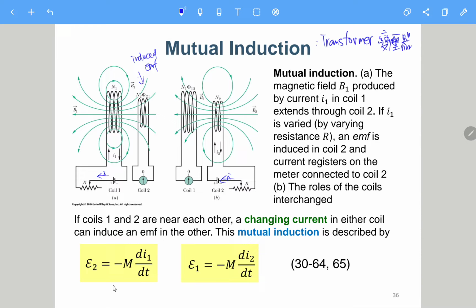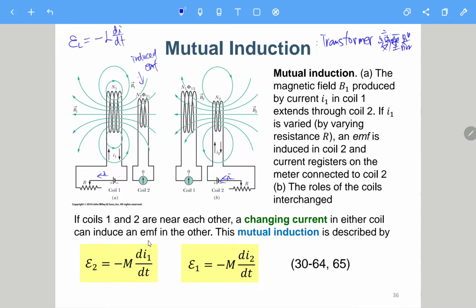Okay, so here, originally for self-induction, we write it as EL equals negative L di dt. We don't really need the subscript because it only refers to one inductor. But here we have one inductor and another inductor placed close together. So we denote this one to be the first one, this is the second one.